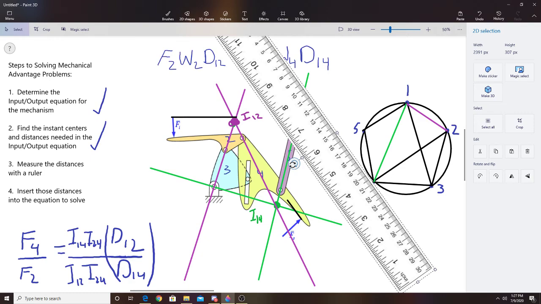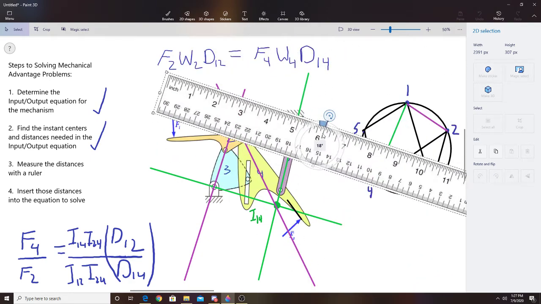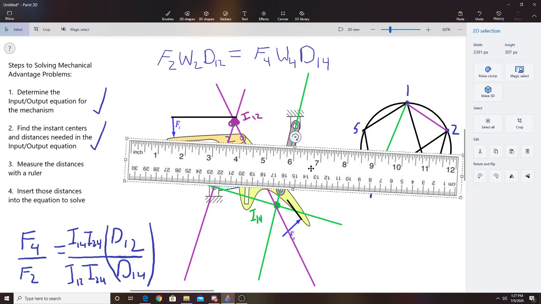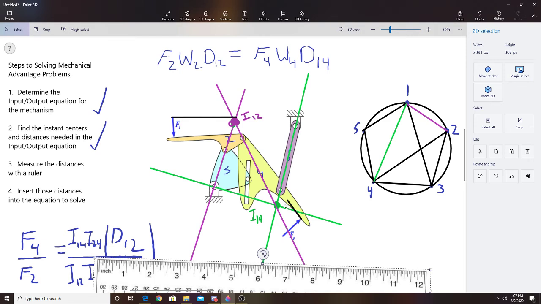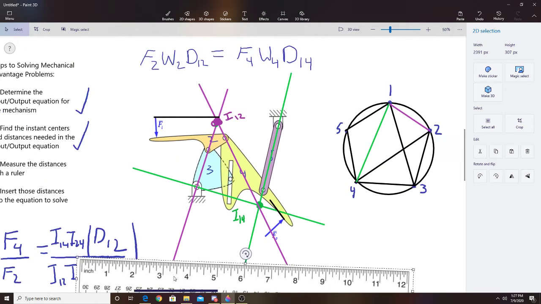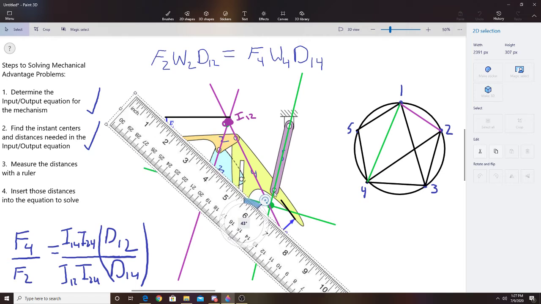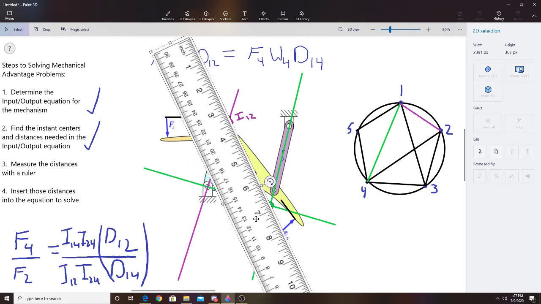Now we have to do the other ones, which is the distance between the instant centers. So we're starting with I14, I24. So get ready to write this one down as well. I14 is here, and I24 is right here. I have to turn it around a little bit.